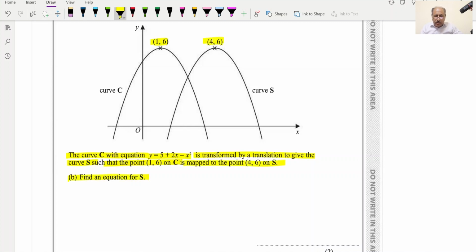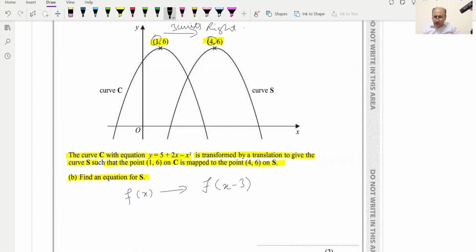So find an equation for S, and for this one we can see that f of x is basically transforming to f of x minus 3. If we check 1 and 4, it is plus 3 basically, so it will be moving 3 units right. Right movement will always be negative, so x minus 3.